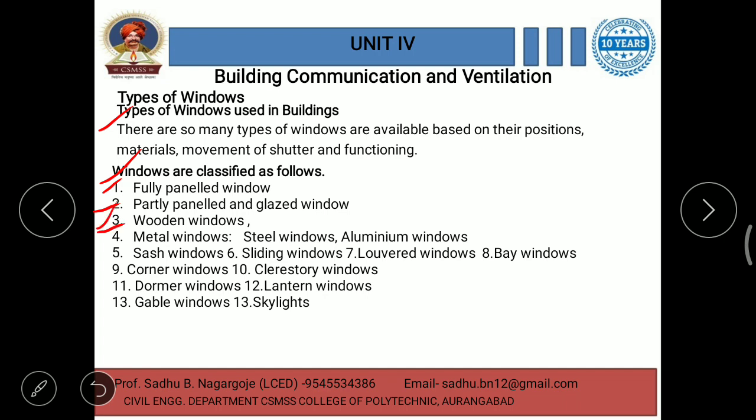The next, metal windows, which include steel windows, aluminum windows. Then sash windows, sliding windows, louvered windows, bay windows. Then next, corner windows, clear story windows, dormer windows, lantern windows, gable windows, and the 14th, last, skylights. These are the types of windows generally used.